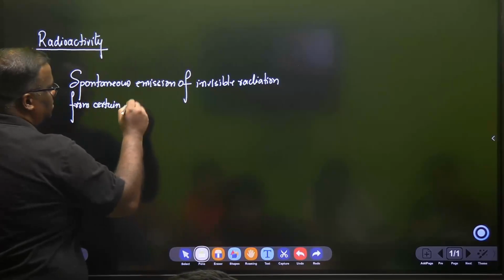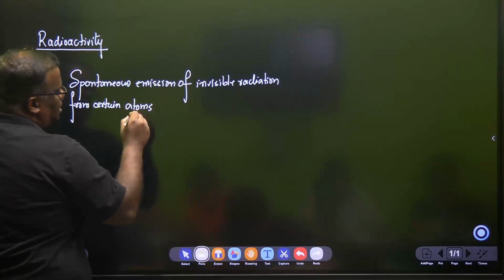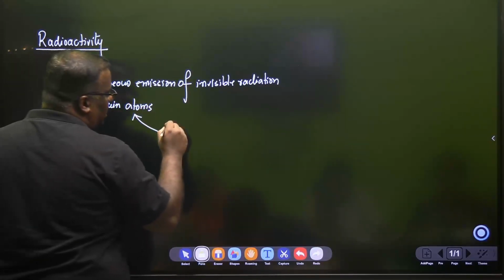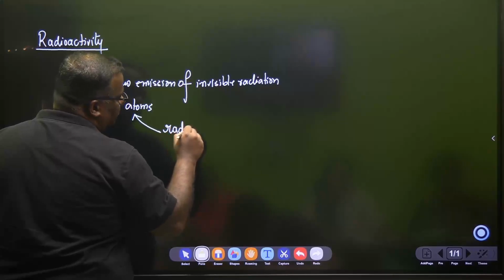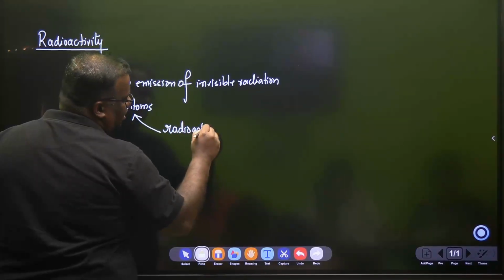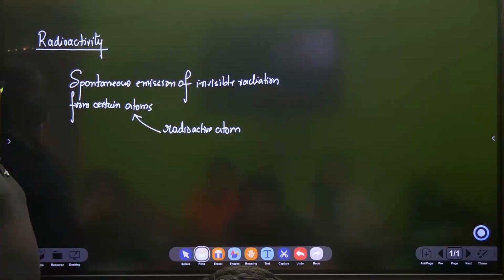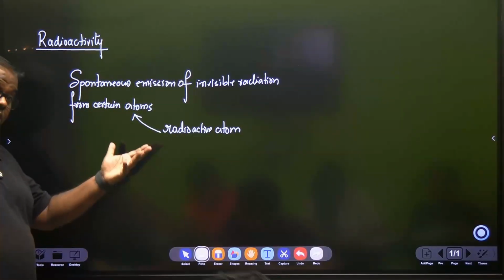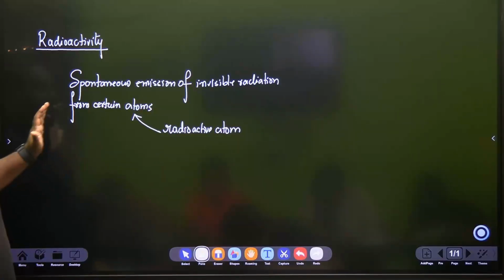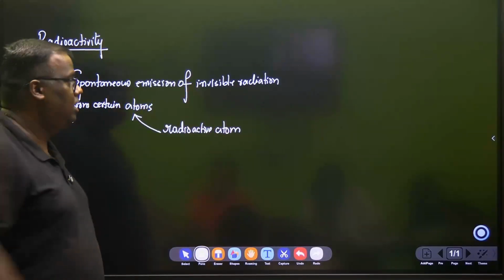These atoms will be known as radioactive atoms. For example, uranium, plutonium, thorium, radium, carbon-14. Carbon-14 is also radioactive. Spontaneous emission of invisible radiation.